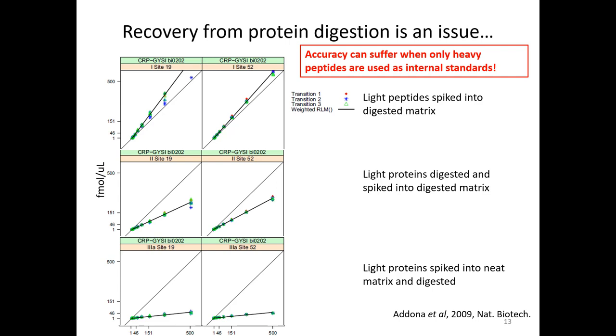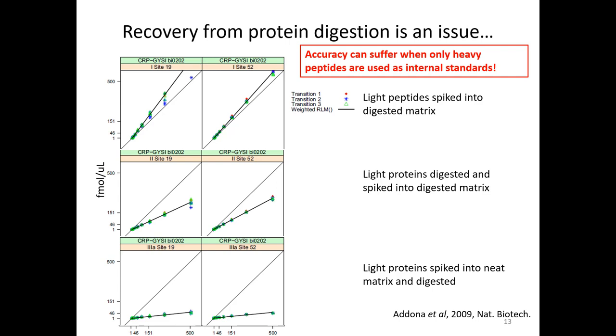So this is an example of the first CPTAC study that was published in 2009, where it's looking at a peptide from CRP, and there are 3 sites. This is one site that analyzed this peptide, and this is another site that analyzed the peptide, and then each of these horizontal boxes is a different study.